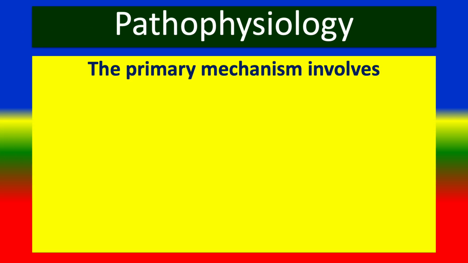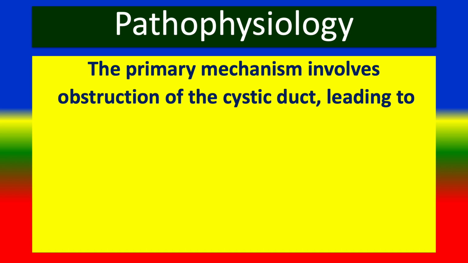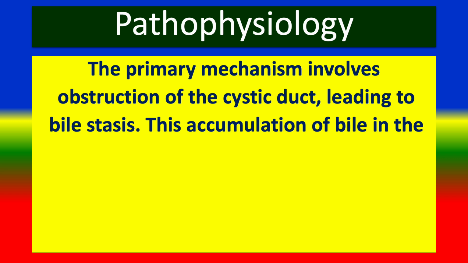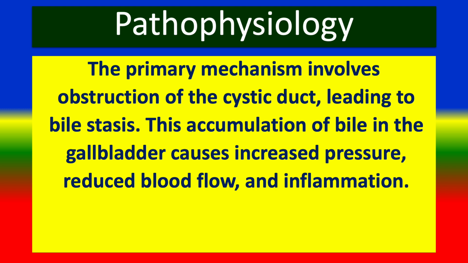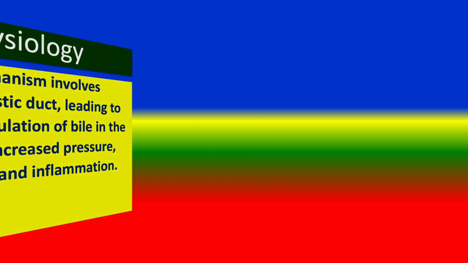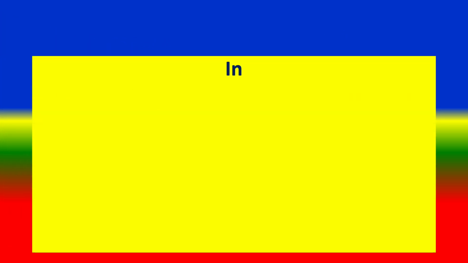Pathophysiology. The primary mechanism involves the obstruction of the cystic duct leading to bile stasis. This accumulation of bile in the gallbladder causes increased pressure, reduced blood flow, and inflammation.